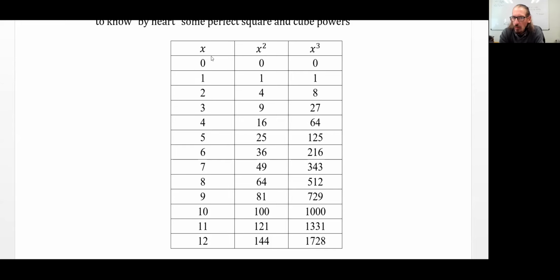Here I'm showing a number from the left-hand column getting squared versus that same number from the left-hand column getting cubed. And going through at least the first 10 is good. If you can get it up to knowing the first 12, even better. To be honest, with the cubes, because the exponent is higher, I start to forget some of these.